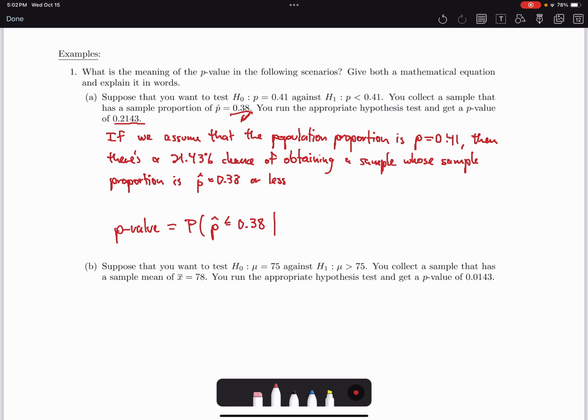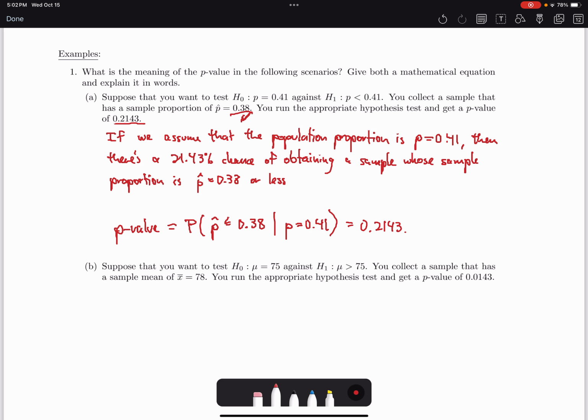The null hypothesis says that p equals 0.41. So this is the probability that we're computing when we compute the p-value. And we were told it's exactly 0.2143. So that's how we would write it down in math symbols.